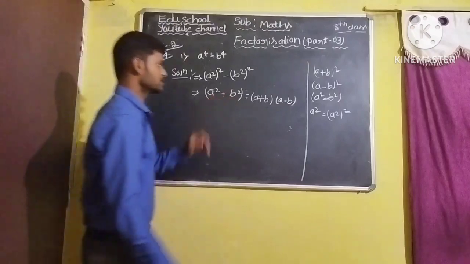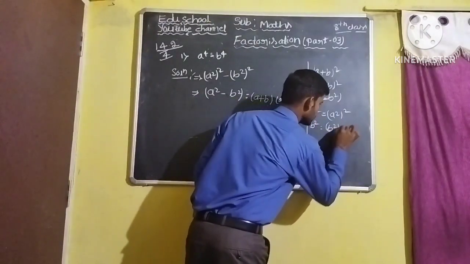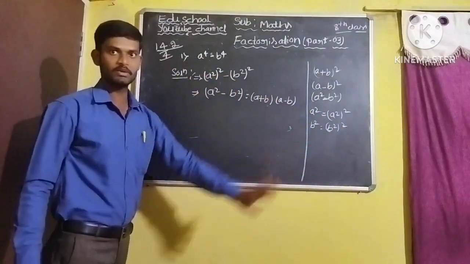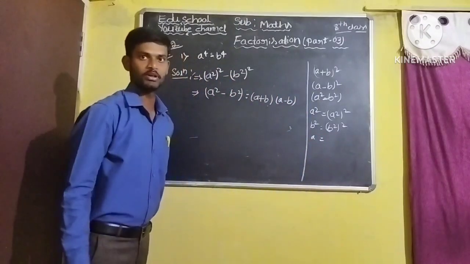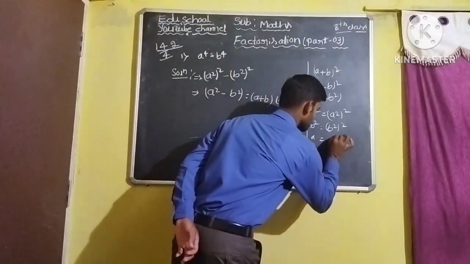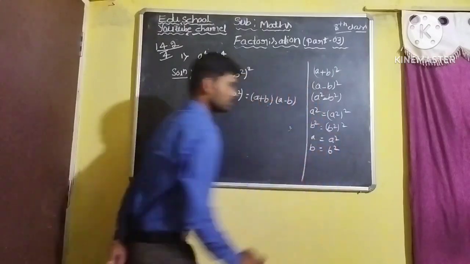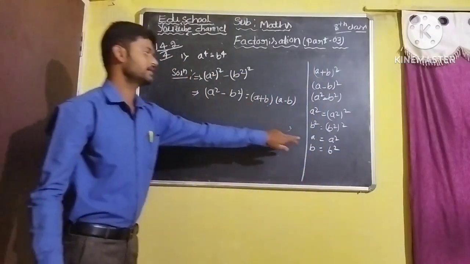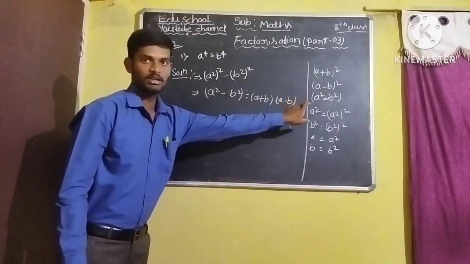In place of b square, what is there? B square whole square. What about the a and b values? So a value becomes a square only and also b value becomes b square only. So we can apply the a and b values to this a plus b into a minus b place.